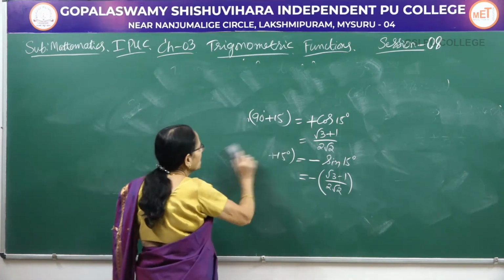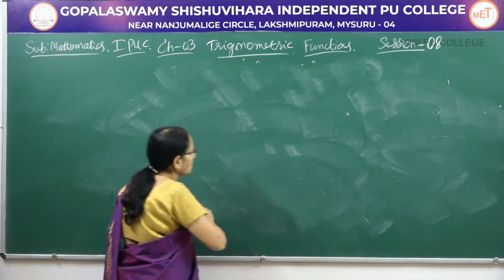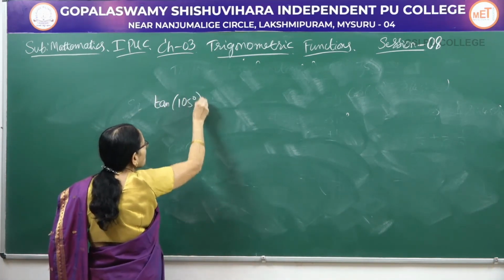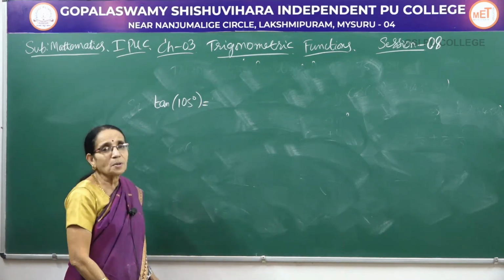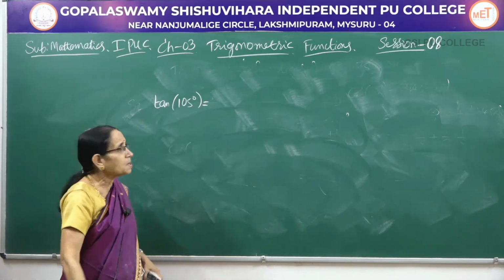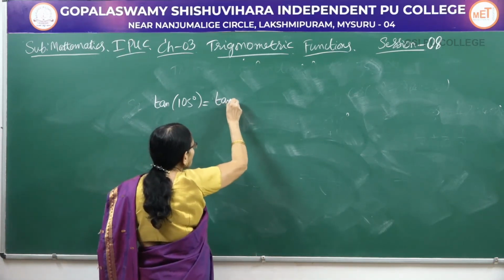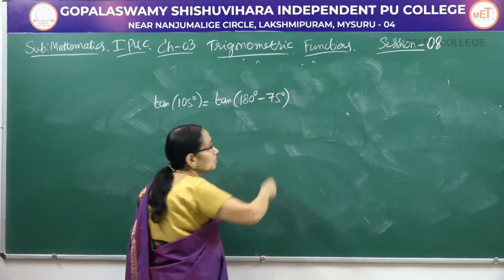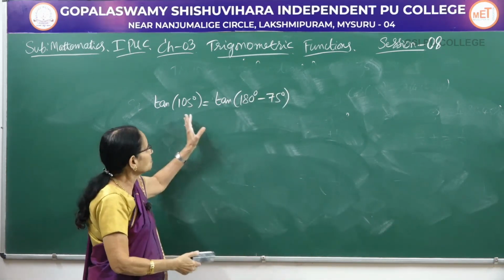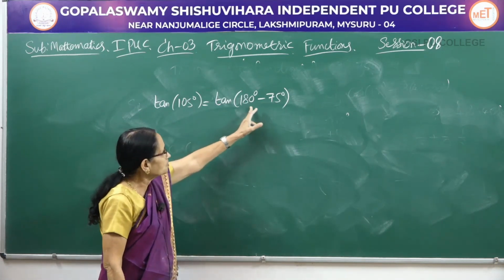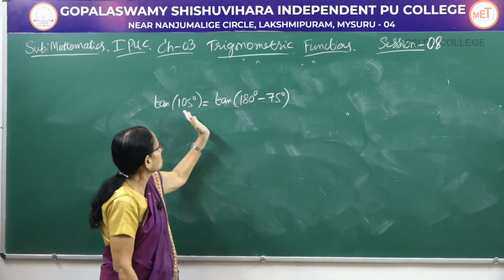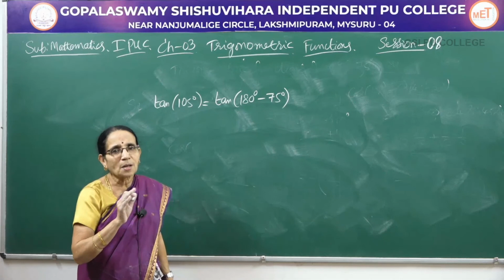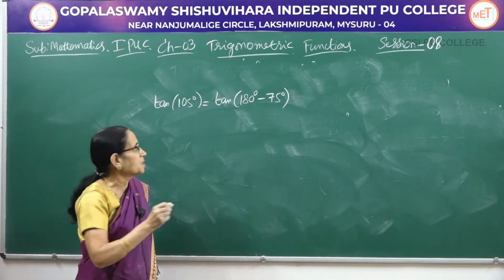Now similarly, let me consider the same angle with another ratio, say tan of 105 degrees. This can also be written as 90 plus 15, but let me write it another way. You can write it as 180 minus 75 also. So 105 can be expressed in two different ways: 90 plus 15 or 180 minus 75.